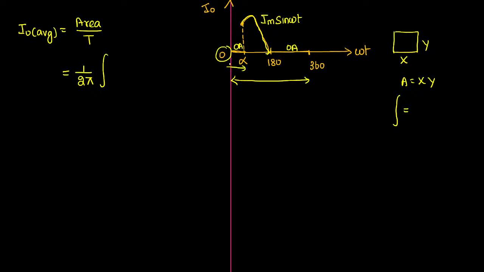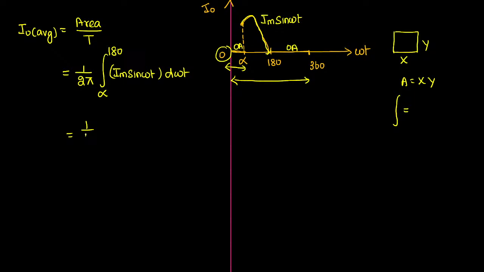I can write it like this: from 0 to alpha the value of the current is 0. From alpha to 180 degrees, you must consider the instantaneous current. At each and every instant, what is the current flowing through the circuit? Then from 180 to 360, the current will be 0. So I am not considering the zero effects here, only the values.